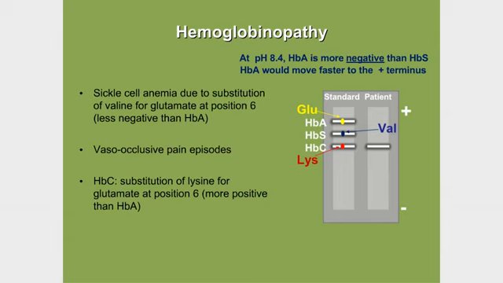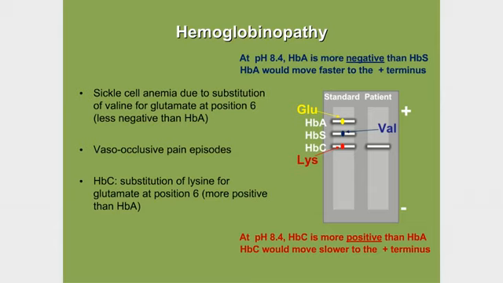Now there's another variant of the hemoglobinopathies, and that's called hemoglobin C. Now in hemoglobin C, there is a lysine instead of glutamate. Now lysine, because you know structures of amino acids, has an extra positive charge compared to glutamate. So hemoglobin C will have slightly more positive characteristics than hemoglobin A, because hemoglobin A has glutamate, hemoglobin C has lysine.